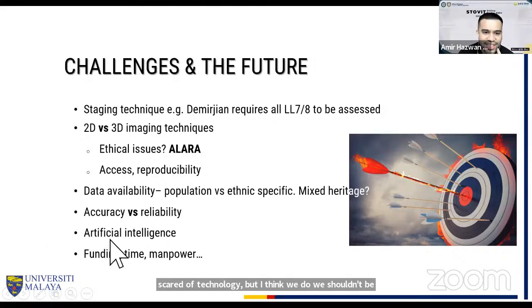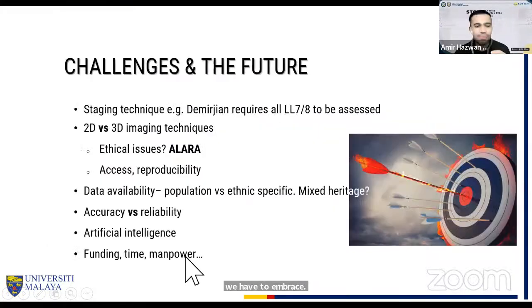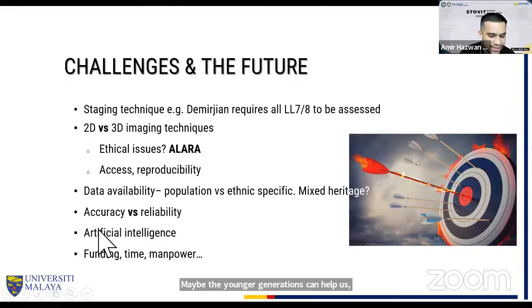Maybe the younger generations can help us with this technology. These days we try to change our methods that rely very much on humans, and get the computers to do it for us. So maybe we can find a balance. It doesn't have to be all AI or all humans, somewhere in between.